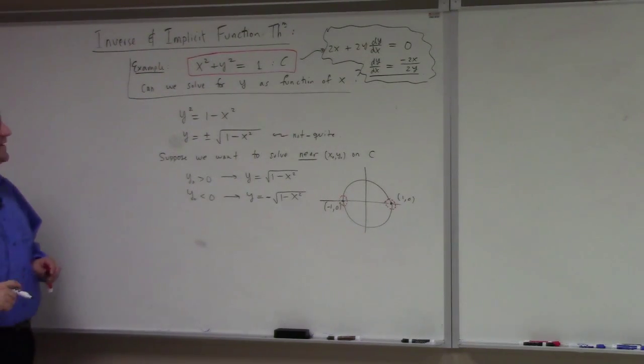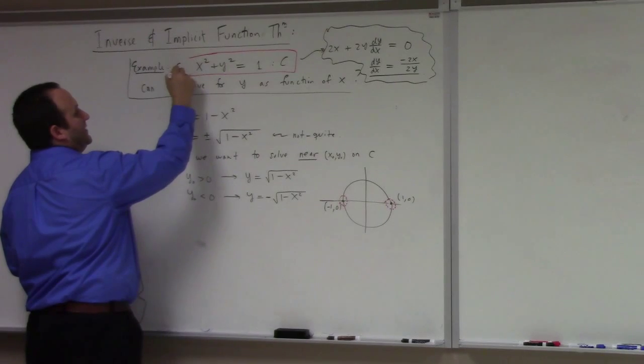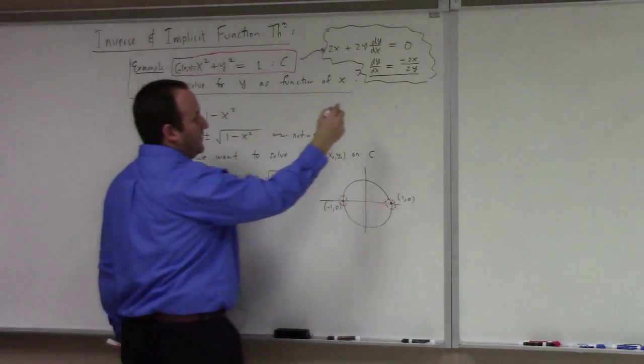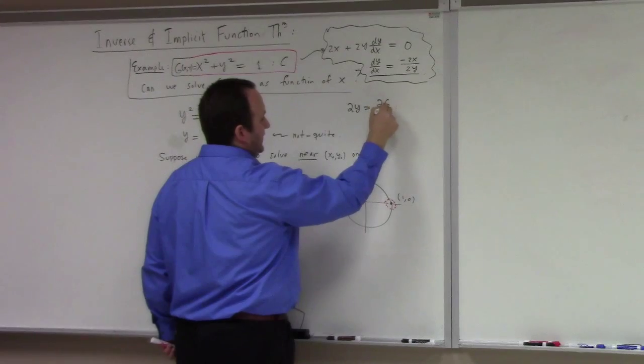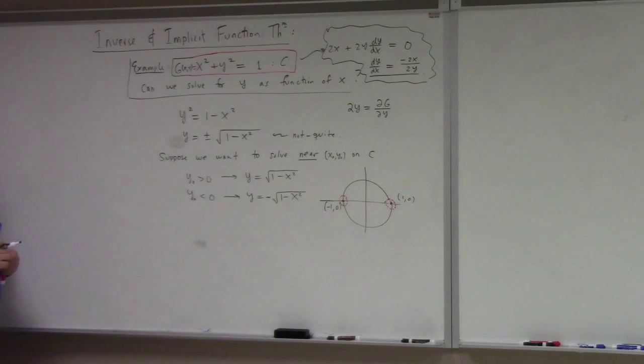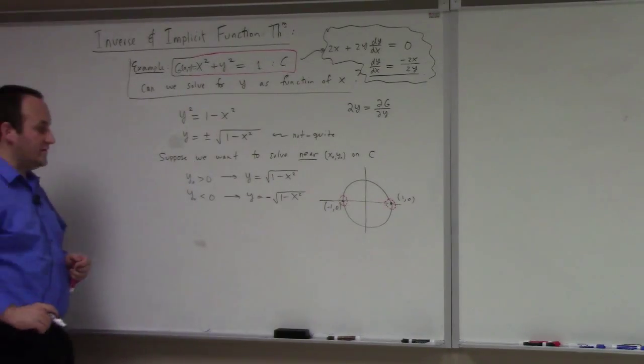How does 2y connect to, if I call this thing g of x, y, so this is a level curve, right? There's the level function, g. This 2y is partial g, partial y. It's the y derivative of the level function. So apparently, if the y derivative of the level function is 0, that signifies the possibility I may not be able to solve for that variable as a function of the other variable. Because 2y is equal to 0 precisely at these points.